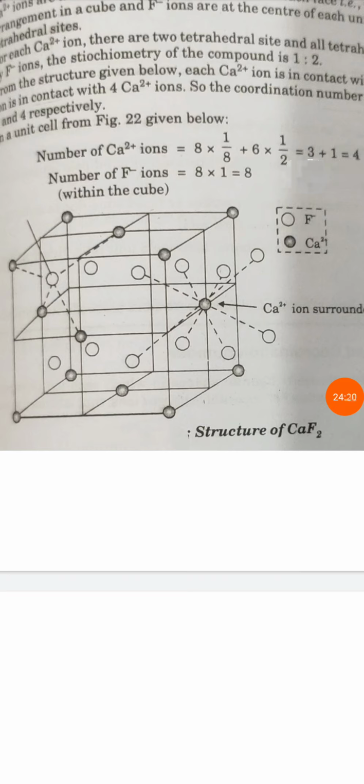The application of radius ratio helps in finding out the structure of ionic solids, for example the structure of NaCl. We can calculate the radius ratio: in the case of NaCl, the radius of the sodium ion divided by the radius of the chloride ion. The radius of the sodium ion is 95 and the radius of the chloride ion is 181.